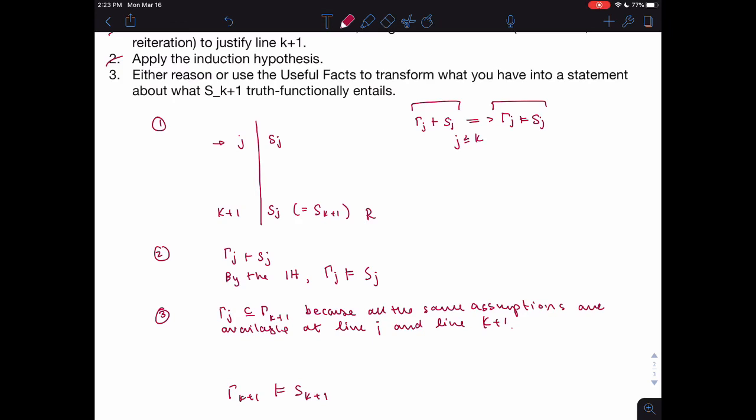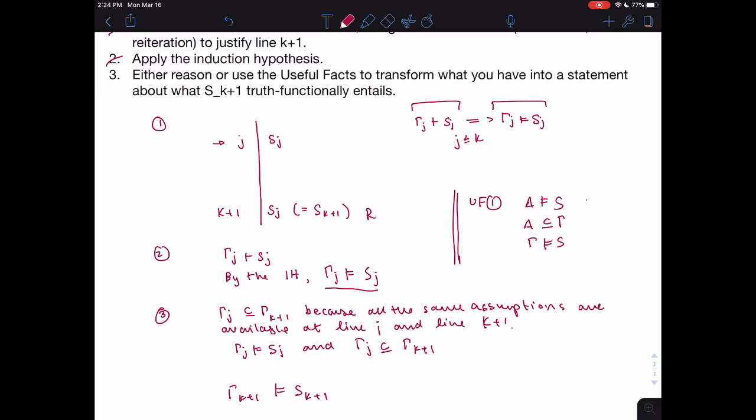Now recall useful fact 1. I'm going to write it up here. Useful fact 1 said that if delta truth functionally entails S, and delta is a subset of some larger set gamma, then gamma truth functionally entails S. Now we have the information we need to apply that, because by the induction hypothesis gamma j truth functionally entails Sj, and gamma j is a subset of gamma k plus 1.